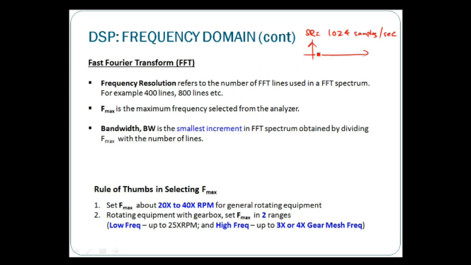So we have 1024 samples in 1 second. This we have discussed earlier. Then due to the Nyquist theorem, the useful frequency component, or F max, is 1024 divided by 2.56, which is only 400 hertz.